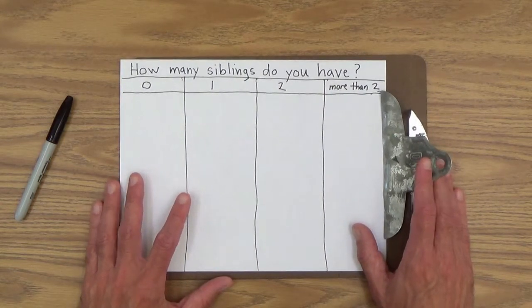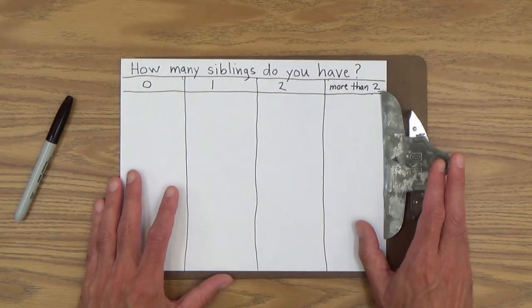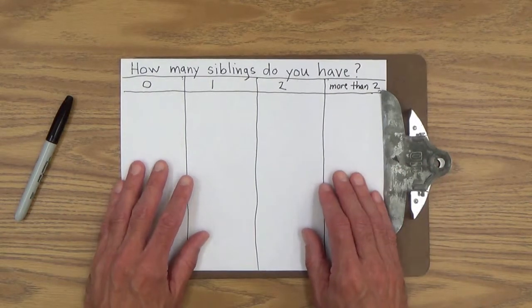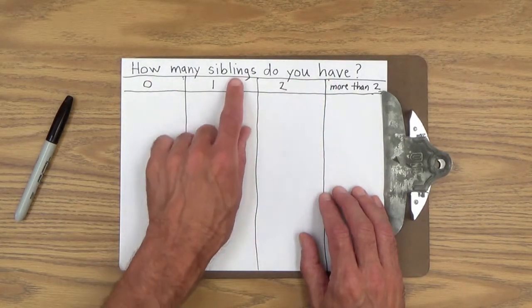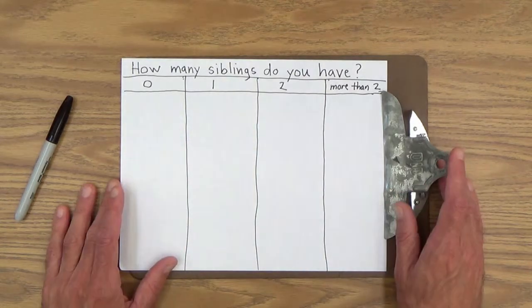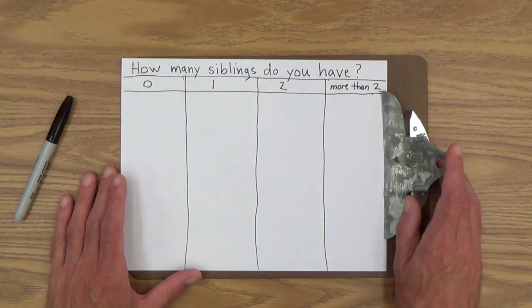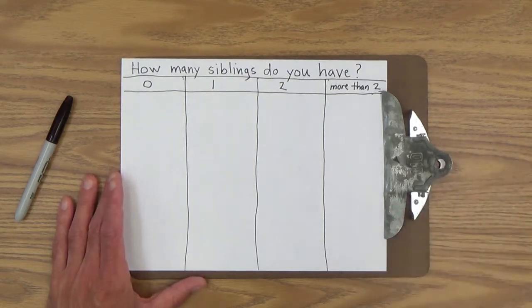You and your child could go out or wait at home and let the kids come to you, and you could ask them, how many siblings do you have? If they do not have the word sibling in their vocabulary, you could explain what that is. In other words, how many brothers and sisters do you have total?